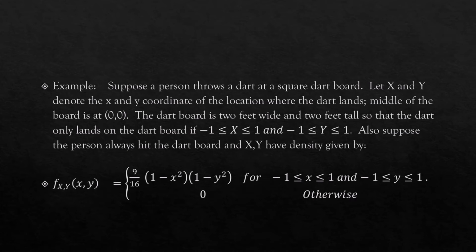The joint density function f of xy is given as 9/16 times (1 minus x squared) times (1 minus y squared) in that range, 0 otherwise.